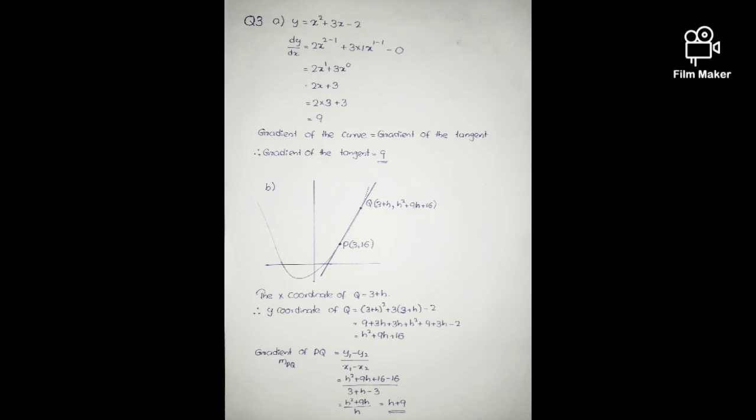You can see it turns into h squared plus 9h plus 16. Now, if we use the gradient of PQ, y1 minus y2 divided by x1 minus x2, you get the answer h plus 9. You get the required steps in the worksheet.